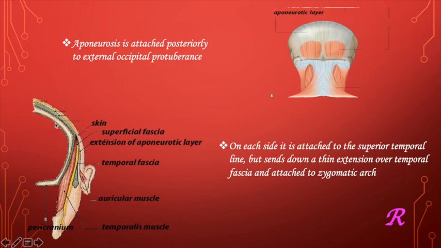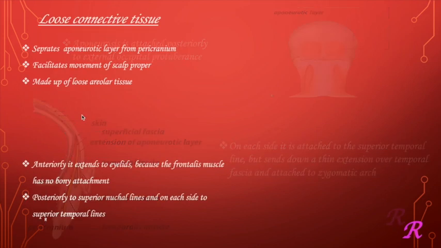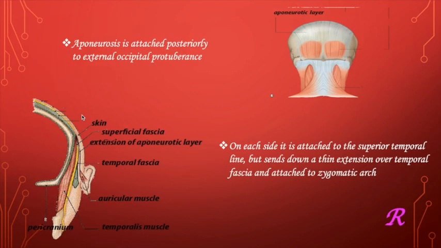So the border on each side: the aponeurotic layer is extending till the superior temporal line, but below that also it is giving a thin extension to the temporal fascia, and it is getting attached to the zygomatic arch.